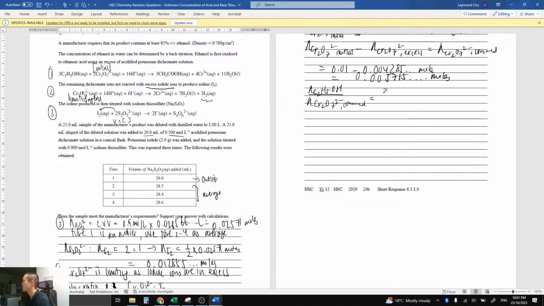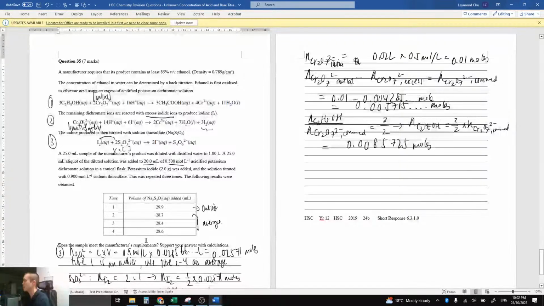That molar ratio is 3 to 2, so that means our moles of C2H5OH is equal to 3 on 2 times our moles of dichromate consumed. And then what does that equal? 0.0085725 moles.